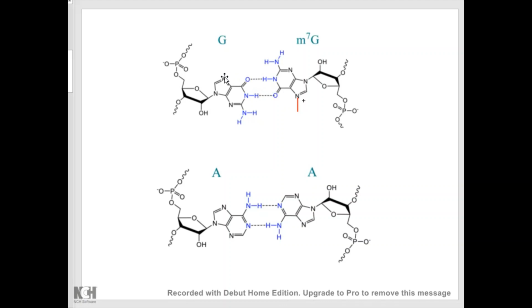For example, one of them can involve N7 from this guanine. But any answer is accepted as long as you have these hydrogen bonds strong, meaning that the 3 atoms that form hydrogen bonds are aligned. Okay, and AA. Here is the answer.